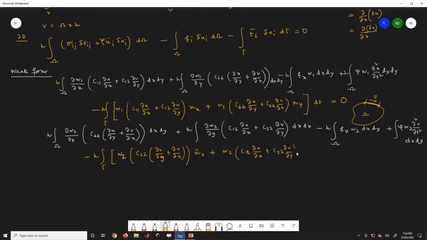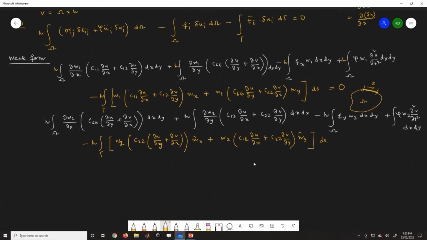Now this will be ny. This again is over the small surface S. So this is my boundary term.